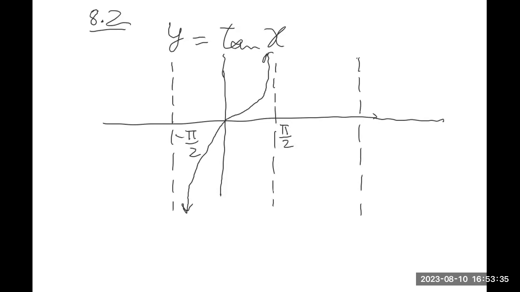So at pi over 2, and then 3 pi over 2, and 5 pi over 2, etc. Same thing on the negative side. So that's negative 3 pi over 2.